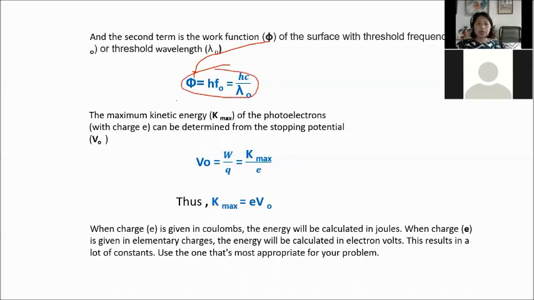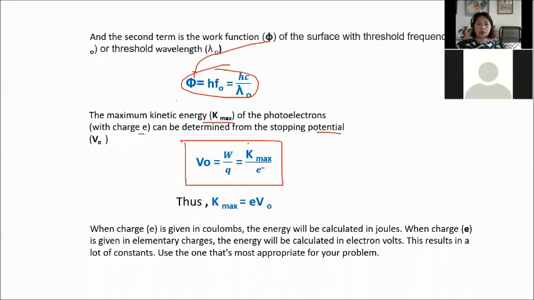So the maximum kinetic energy of the photoelectrons with charge E can be determined from the stopping potential. And that stopping potential is equal to work over charge. So kung ma-recall natin yung topic ng electric potential, potential is equivalent to work over charge. We can equate work to energy. So kinetic energy maximum over charge, which is the charge of the electron.